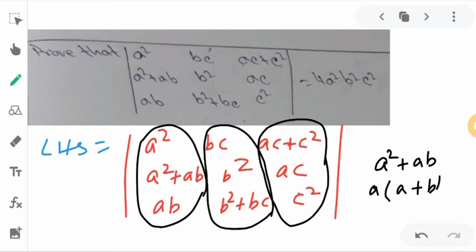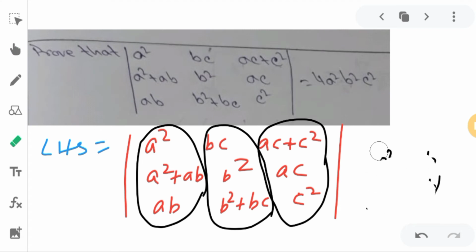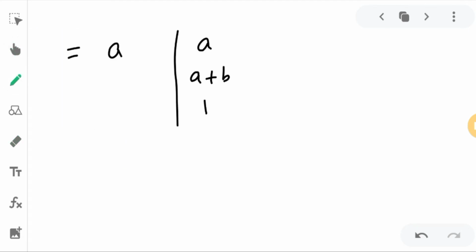So this A I will take outside, and A plus B will remain. And from the third element A I will take common, then B will remain.